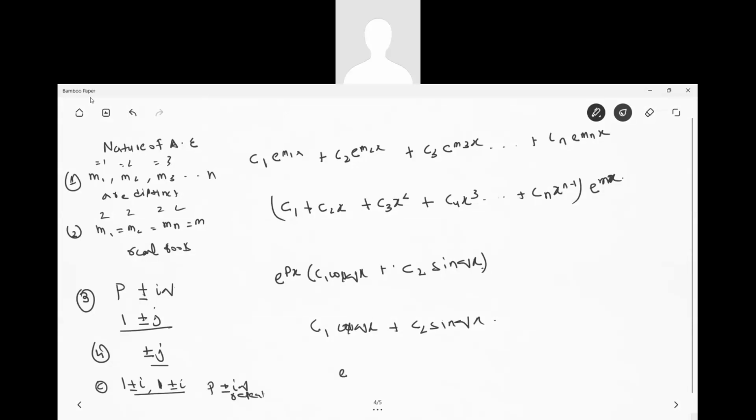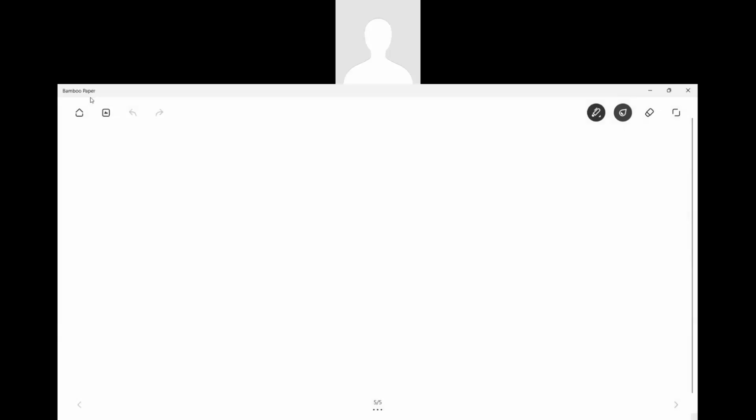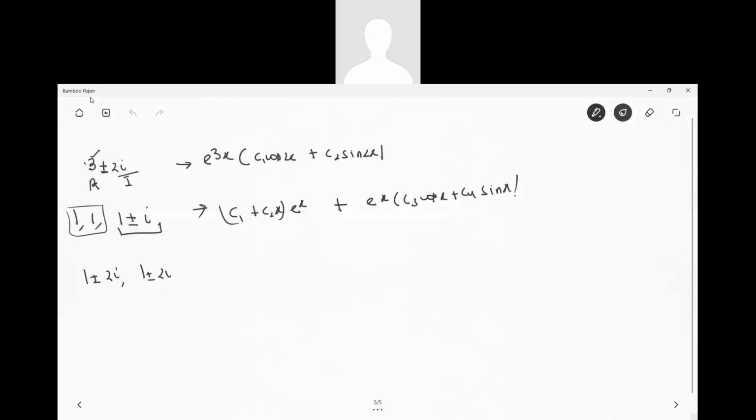In this scenario, you have to take e power px, then (c1 plus c2 x plus ... cn x^(n-1)) multiplied by cos qx, and for the second set, (c1' plus c2' x plus ... cn' x^(n-1)) multiplied by sin qx. This is the formula. A little bit of remembering is required there. Once you do this, everything is done. This is how you calculate the solution from the auxiliary equation.